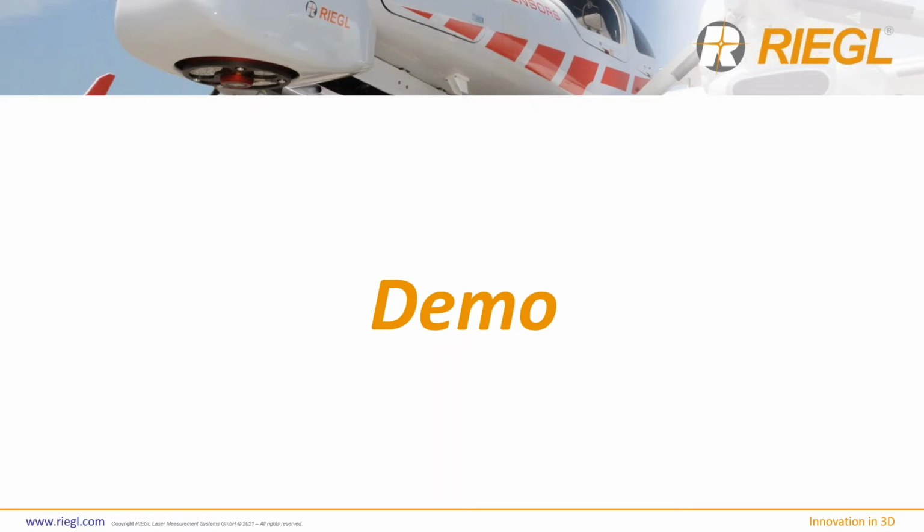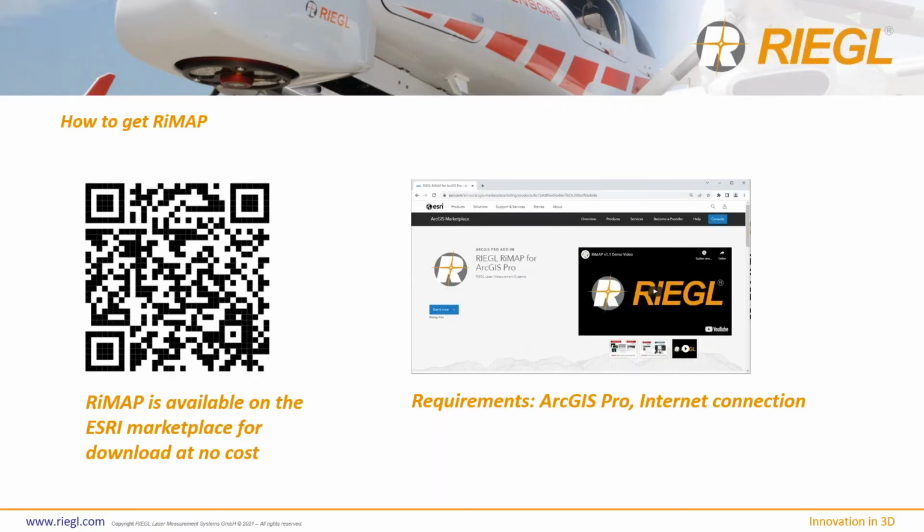I think we are now going to cover how you can get RiMAP. I think the easiest way is to download it from the Esri Marketplace. We have this QR code here that should point you directly to the Marketplace listing. The only requirements are ArcGIS Pro and an internet connection.